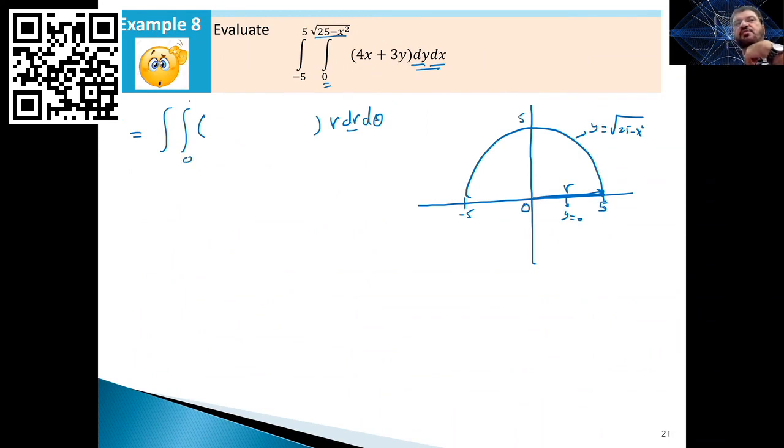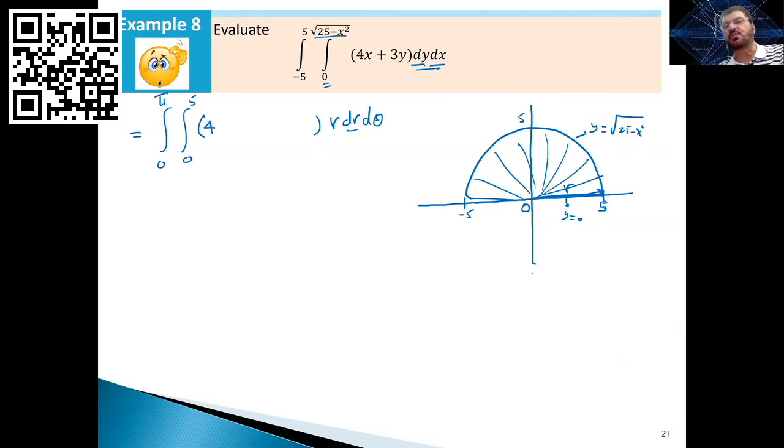So from 0 to 5. Now to cover all this half circle, how much do we travel? From 0 up to what? To pi. So the angle is from 0 to pi because this is a half circle. So this radius, if I take a radius from 0 to 5, rotate it, it will cover all this half circle.